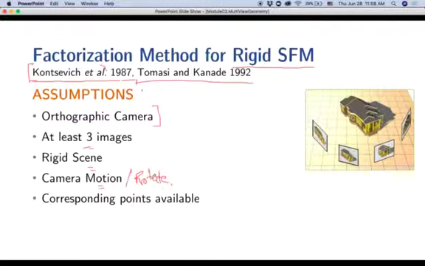So there has to be a rotation R of the camera, and then they can do the solve. And of course, corresponding points have to be available. I have to track these points. I should know that this point number 1 in the image is here in the next image, and here in the next image. Okay. Now, if all those things are available, then we can take the solution. All right.